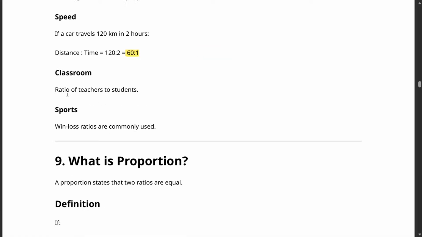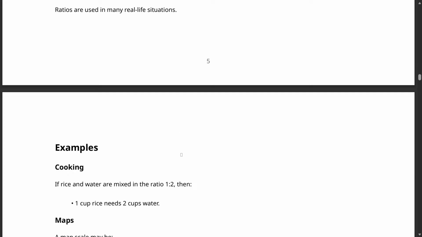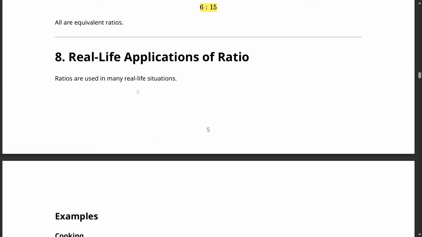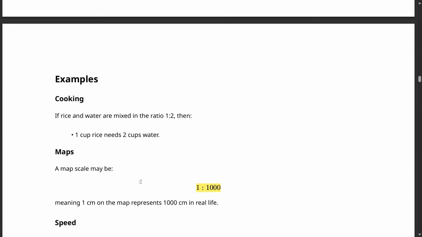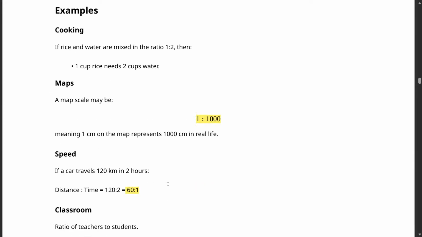In a classroom, the ratio of teachers to students, and sports win-loss ratios, are commonly used. You can get many examples related to our real life.